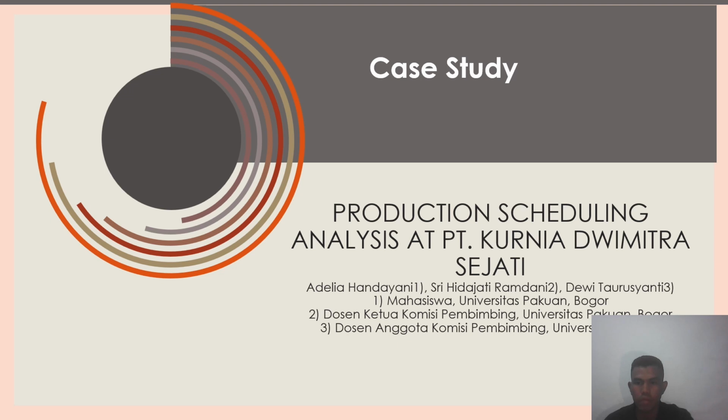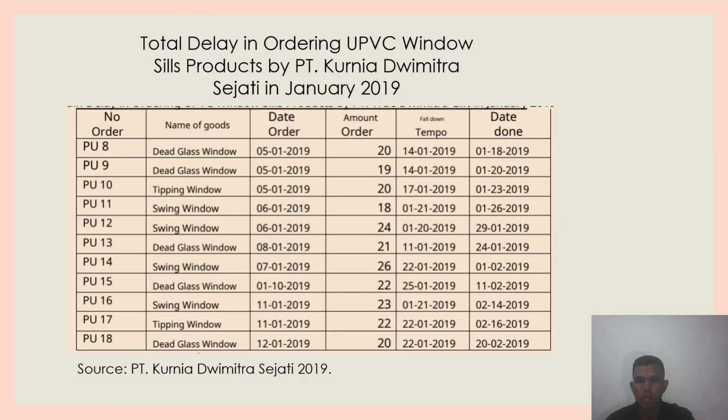Every company has the main goal of making a profit. One way for companies to make a profit is by implementing production scheduling so that it can take into account optimal production scheduling. Production scheduling used by PT Kurnia Dwi Mitra Sejati is FCFS scheduling, first come, first served.